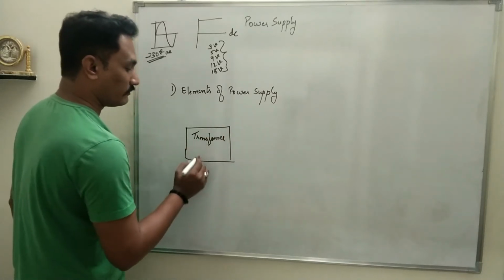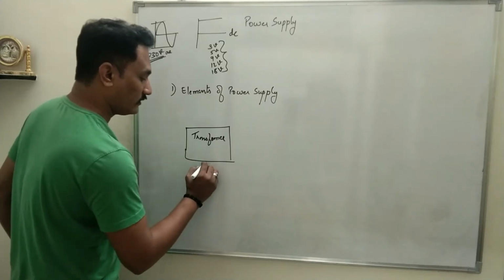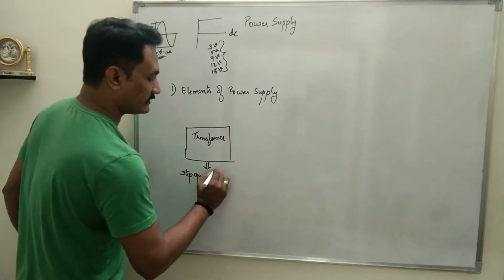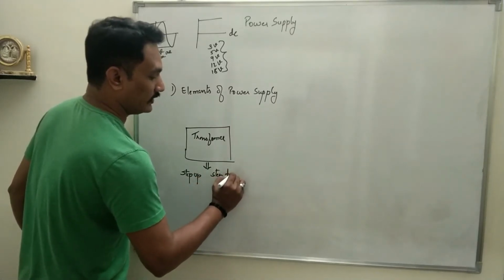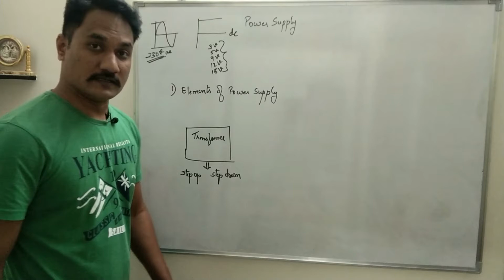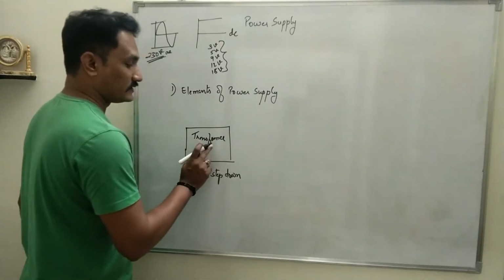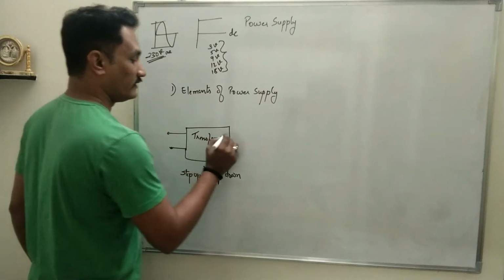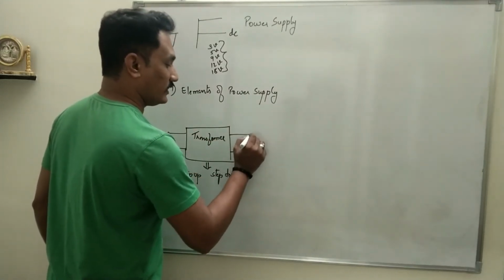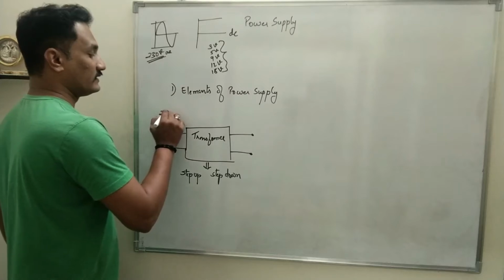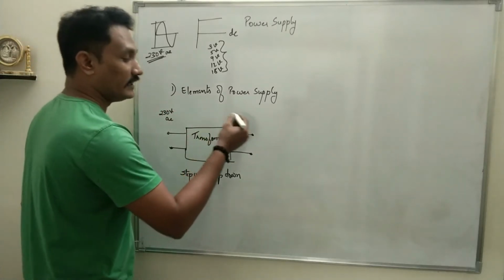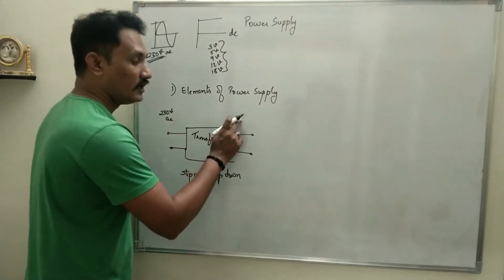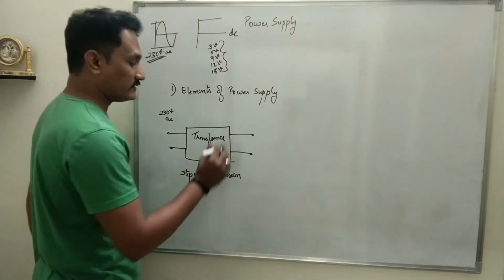There are two types of transformer, step up and step down. Of course, we are going to use a step down transformer. The purpose of the transformer is to convert high AC voltage and high AC current into low AC voltage and low AC current.